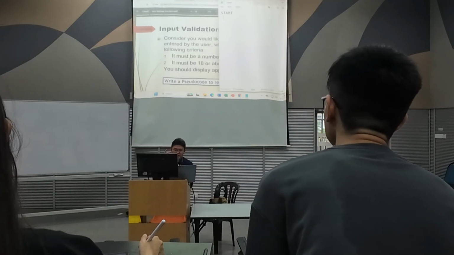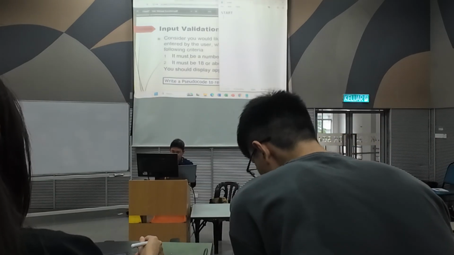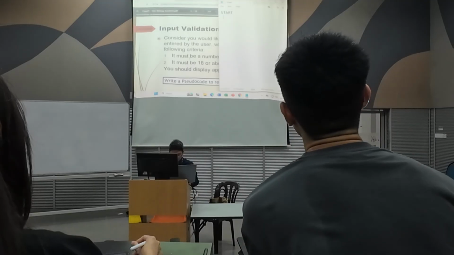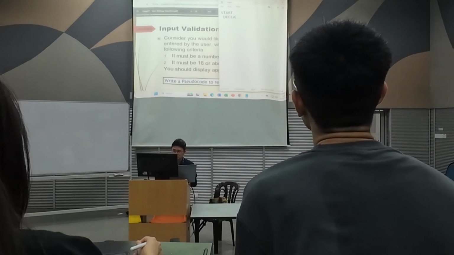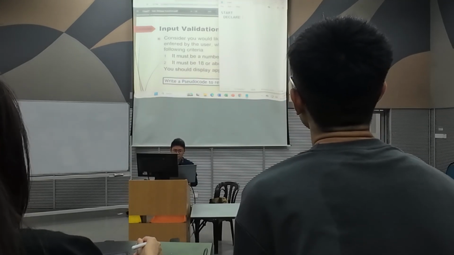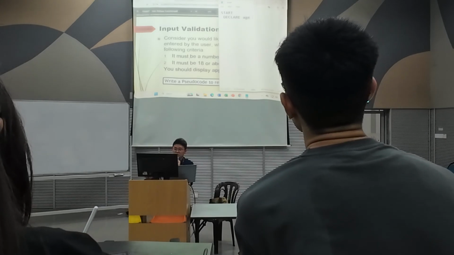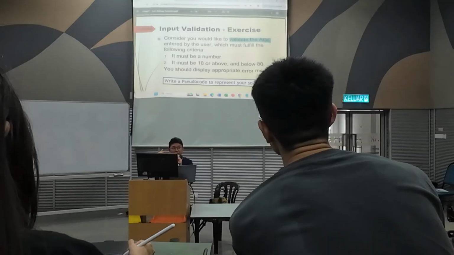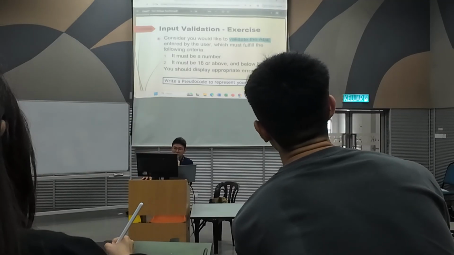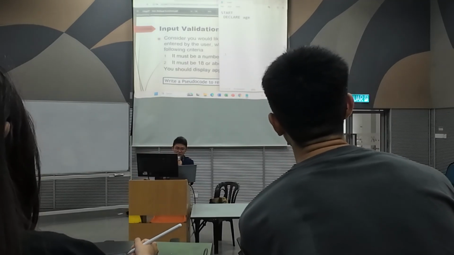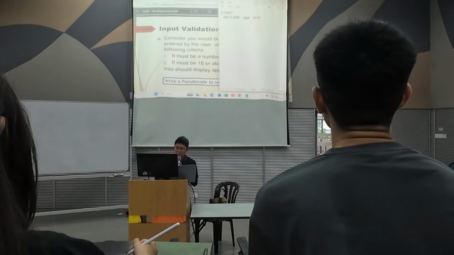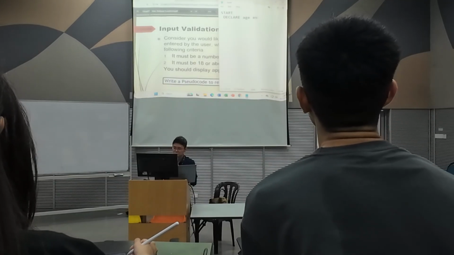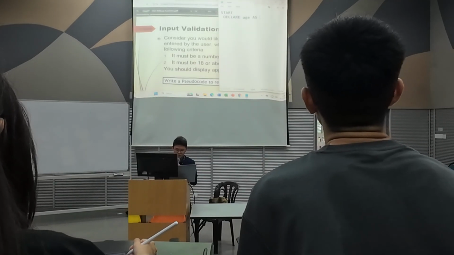Just now you said that we have to declare. How many variables? One, right? Because the scenario asks you to validate the age, so the age is getting from the user. You need a variable to capture and store this.